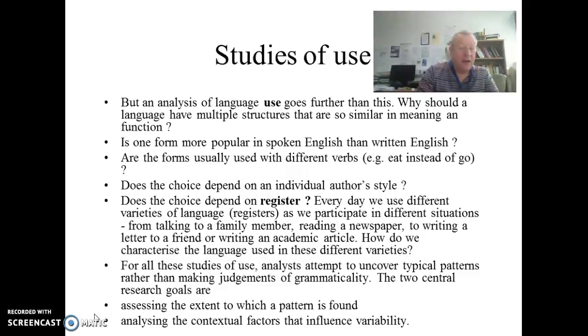Secondly, analysing the contextual factors that influence variability. As we shall see, these may be either linguistic, for example, are certain words used more often in conjunction with each other, or non-linguistic, such as variation due to dialect.